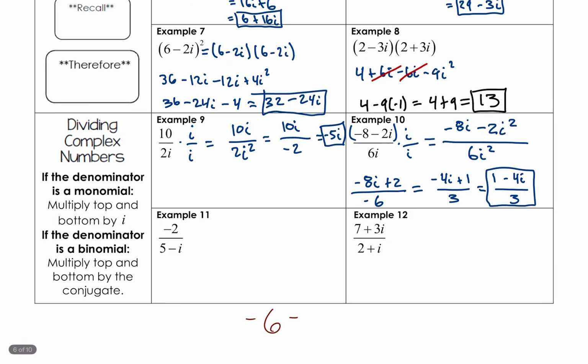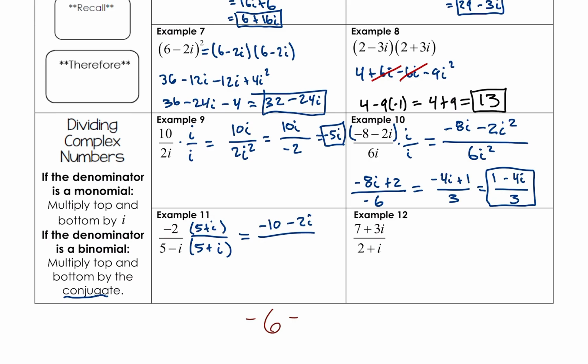So on example 11, this is where the conjugate's going to come into play, okay? So I'm going to multiply both top and bottom by the conjugate. Remember, the conjugate is the exact same thing, but I flipped the operation. So it was a negative, now it's a plus. And I'll multiply that on top and bottom. Okay, so I've got -2 times 5, which is -10, and -2 times i, which is -2i.